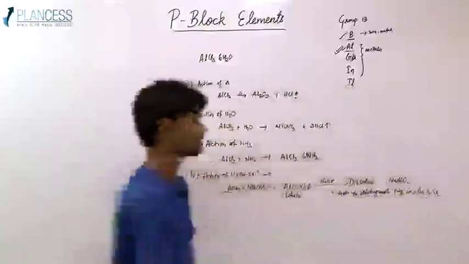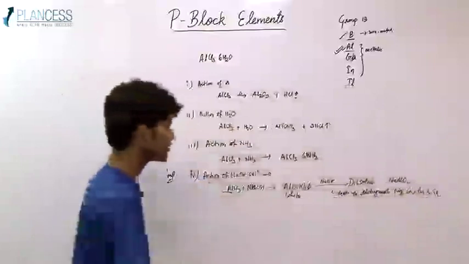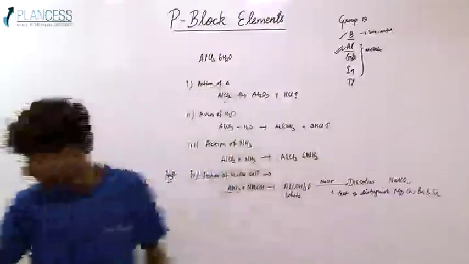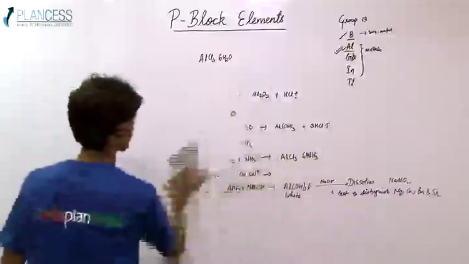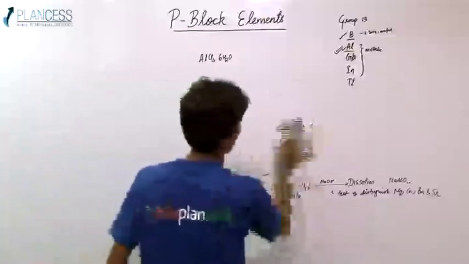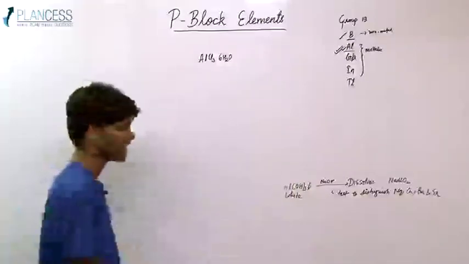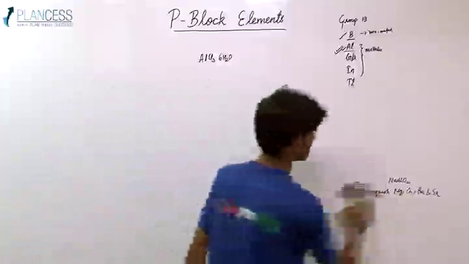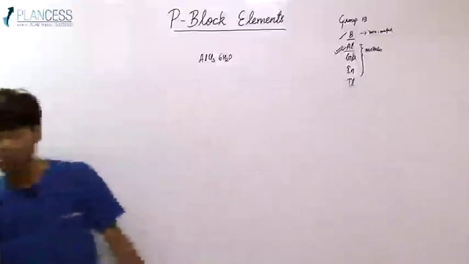Very important reaction as far as inorganic salt analysis is concerned, used as the test for the presence of aluminium cation in the salt. However, aluminium and zinc cations both get dissolved in excess NaOH, so you cannot separate them by this.